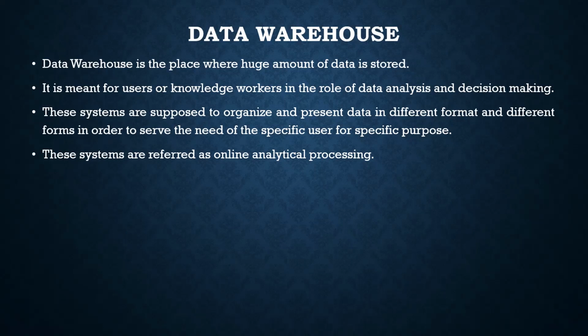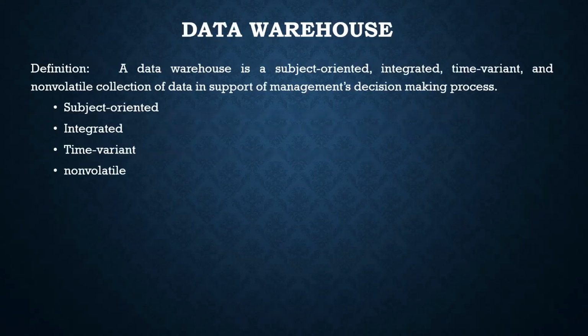It means the basic use of a data warehouse is analytical processing, for analysis purposes. When we store the data, it depends upon the purpose, the organization, or the data we are going to store. That is the information related to the data warehouse.